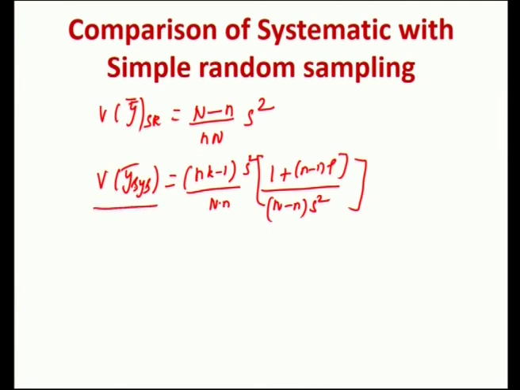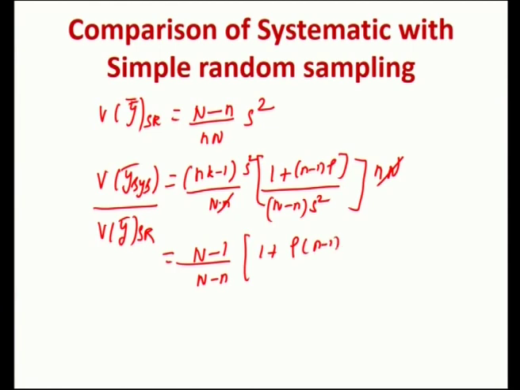This is actually the variance of systematic sampling by the variance of simple random sampling. On simplification we get this as (n minus 1) by (N minus n) into 1 plus rho into (n minus 1). So, here the comparison is based on the value of rho.